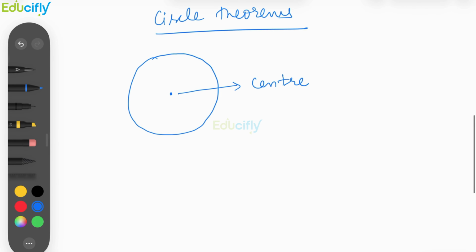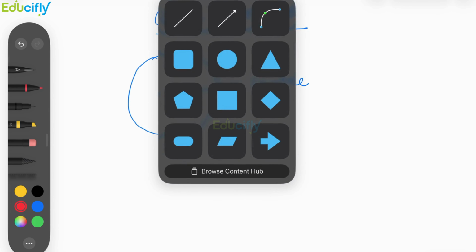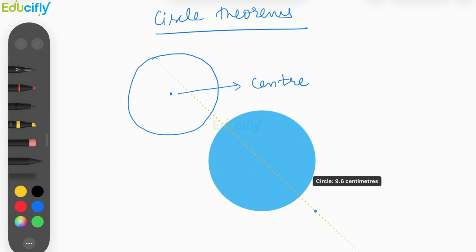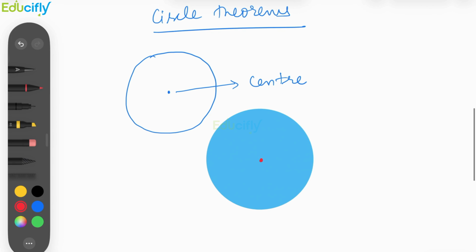Second thing is called radius. So again, if I'm drawing a circle here, as I said, this is your center of the circle, and if you are drawing a line which goes like this, this line is denoted with r and is also called the radius of the circle.